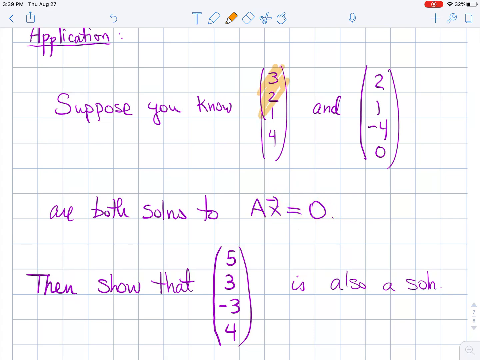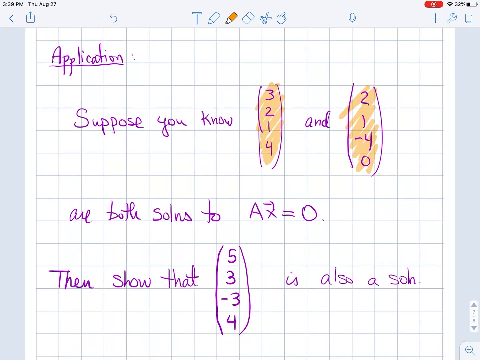Suppose you had already found that this was a solution and this was a solution. Well, now I claim that this vector down here also has to be a solution to that same equation. Maybe I want you to pause the video for a second and see if you can see a relationship between this vector down at the bottom and the ones on top.